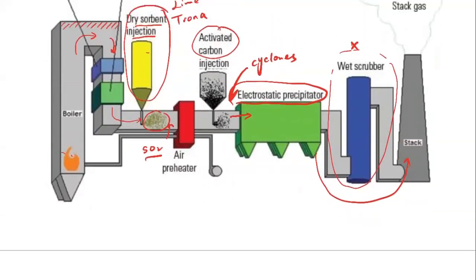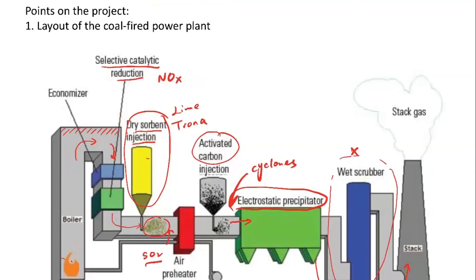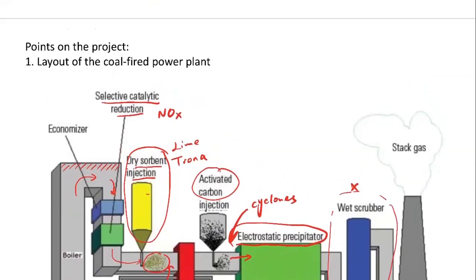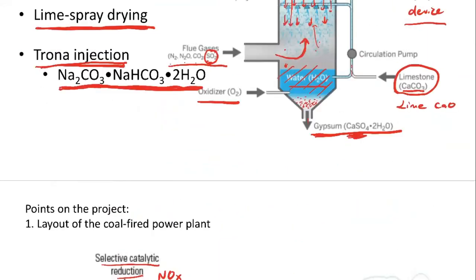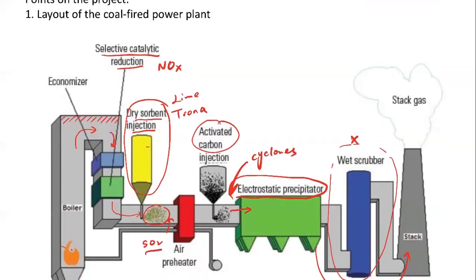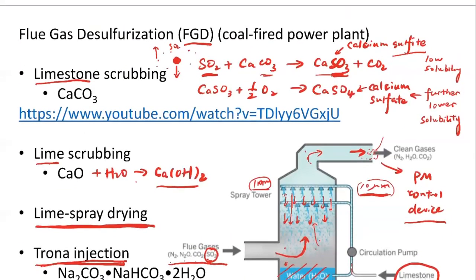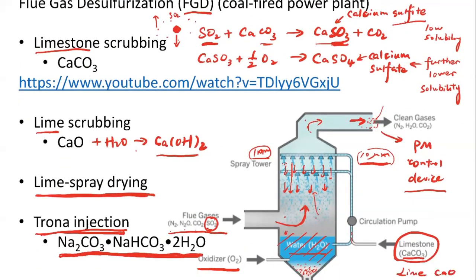So this is basically a brief overview of what you're going to deal with in your design here. But one thing we haven't dealt with yet is how we do the calculation: how much lime, how much trona do we need in order to neutralize the sulfur dioxide, right? So let's just finish up with some chemical reactions here.